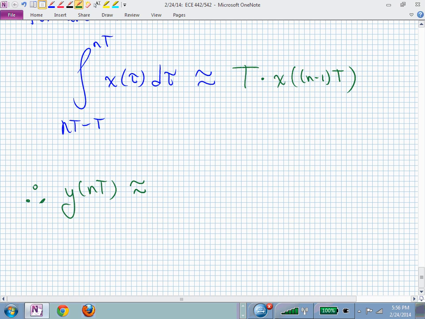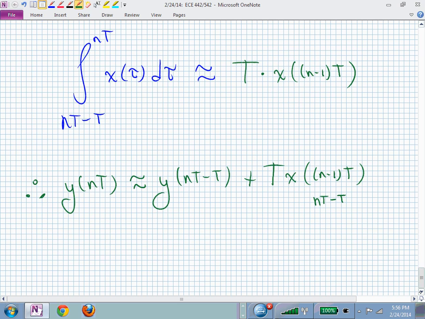So y of nT is approximately what it was one sample period before, plus what we're approximating the area underneath that curve to be, which is capital T times x of (n minus 1)T, or you could write that as nT minus T, however you want to think of that argument.